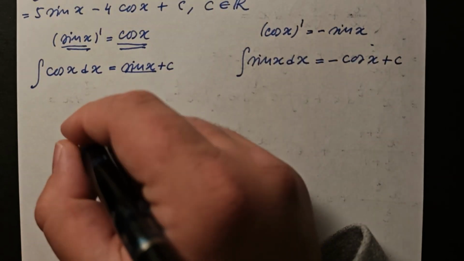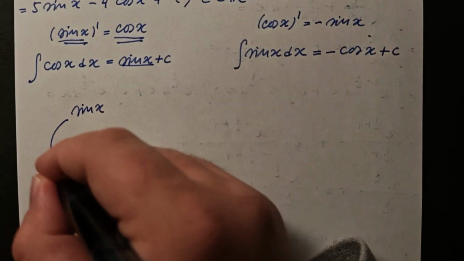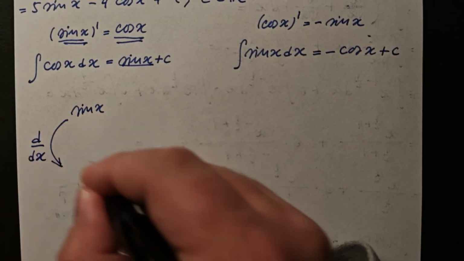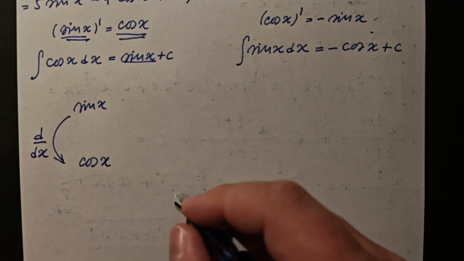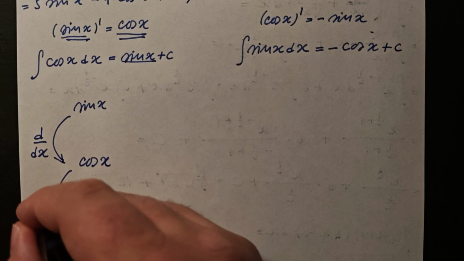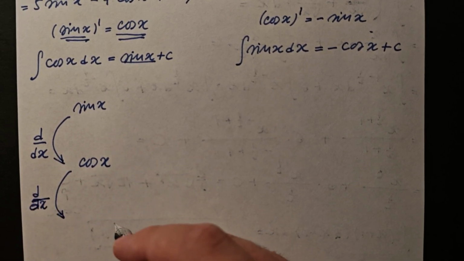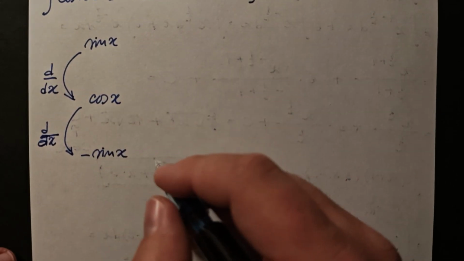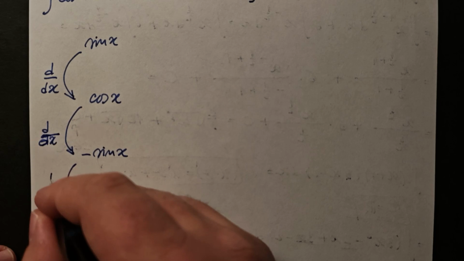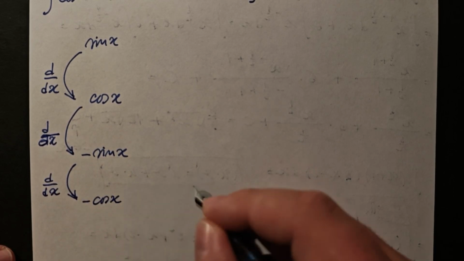If you take a sine of x function and you take its derivative with respect to the x variable, you will get cosine of x. And then if you differentiate that again with respect to the x variable, you will get negative sine of x. By taking the derivative again, you will get negative cosine of x.